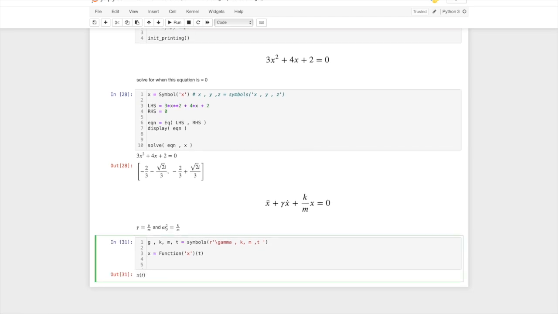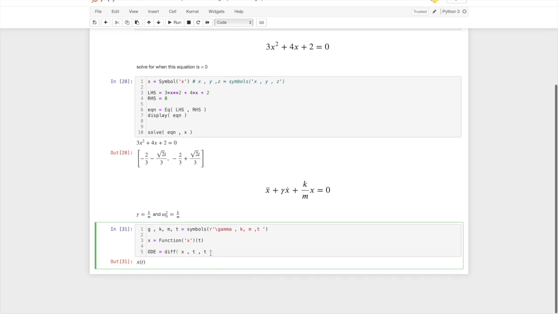Now we want to set up our differential equation. So we want ODE, which is an ordinary differential equation, to equal diff(x, t, t). So that's going to be a second derivative: x, derivative with respect to time, derivative with respect to time. And you can do third, fourth. I'll actually show you a third one after.